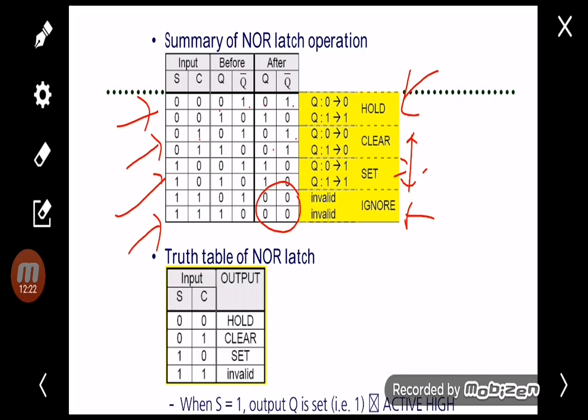So this one is invalid because both have the same value, which is impossible because Q and Q bar should be inverted. Alright, so this is the truth table for the NOR latch. So 0 0 is hold and 1 1 is invalid. 0 1 will clear the output and 1 0 will set the output. So we call this NOR latch the active high input.